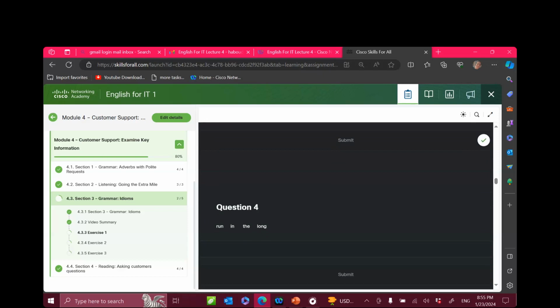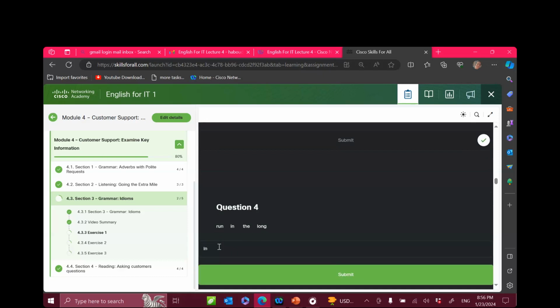Run in the long. صعبة شوية دي. مين عارف الترتيب الصحيح؟ أبدأ بإيه؟ سمعوني كده. In. أيوة. The. Yes. Long. Run. In the long run.